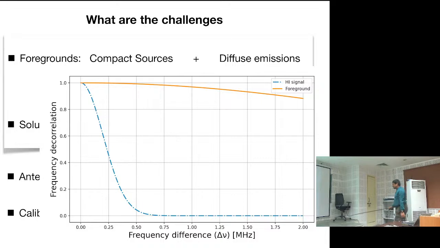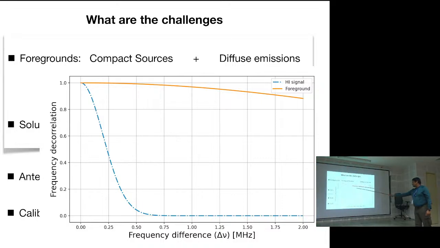So this decorrelation is not there. It's almost constant across the separation. That I can now use, because now what I will do is calculate my C_L, or my visibility correlation, at a frequency separation of say 2 megahertz. The only thing that I will be left with is the foreground. Subtract the foreground, then I will get this.